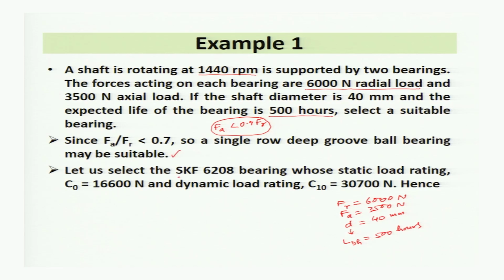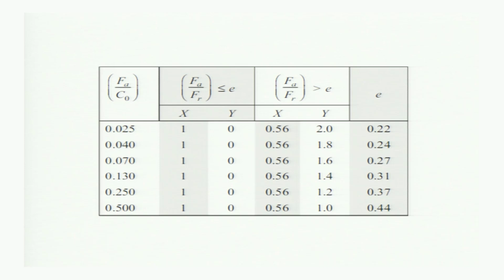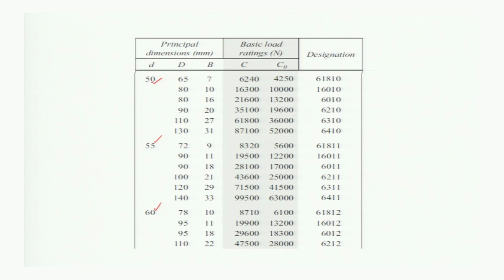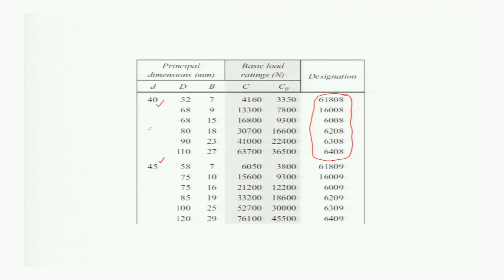Let us select SKF 6208. Now how have you selected this? This is selected from this table, 40 mm bore, and we are selecting 6208, the mid value. We are not going to the top one, we are not going to the bottom one.